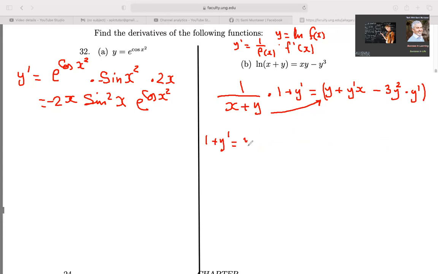So it's going to be y times x plus y, plus y prime x times x plus y, minus 3y squared y prime, that also times x plus y.